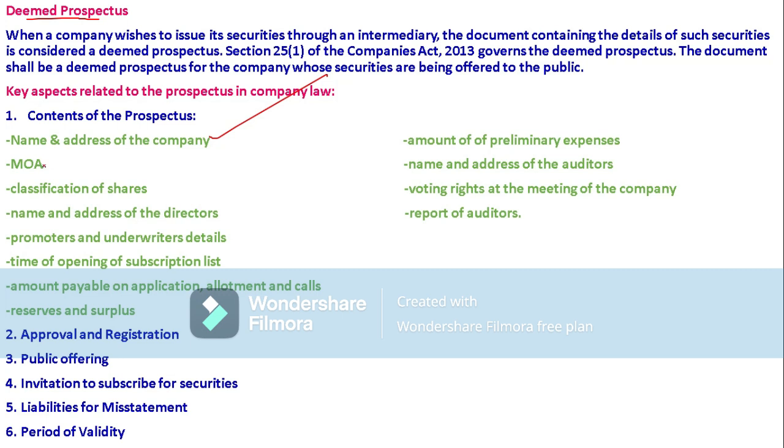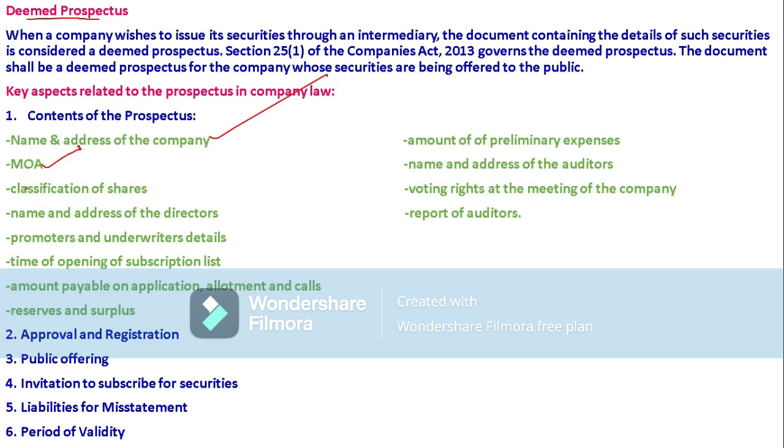Then the memorandum of association, which is associated with the external affairs of the organization, not the internal aspects, meaning its relations with bankers, government, customers, suppliers, competitors and investors. All these relate to the memorandum of association.